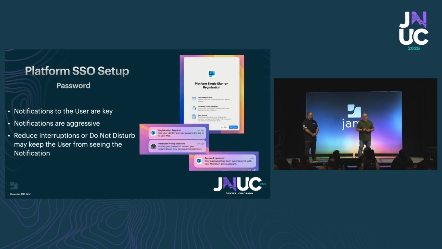In our Platform SSO setup, notifications to the user are key. Those notifications come up and they're pretty aggressive. However, if a user has Do Not Disturb on, they're not going to pop up. We just kind of rolled with it and hope that they see that notification. Eventually they will.